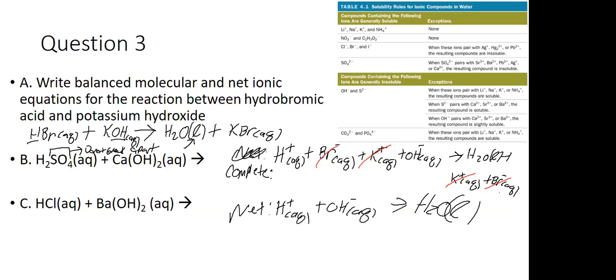So calcium's a metal. Sulfur and oxygen are nonmetals. So you have a metal and a polyatomic nonmetal that makes a salt.